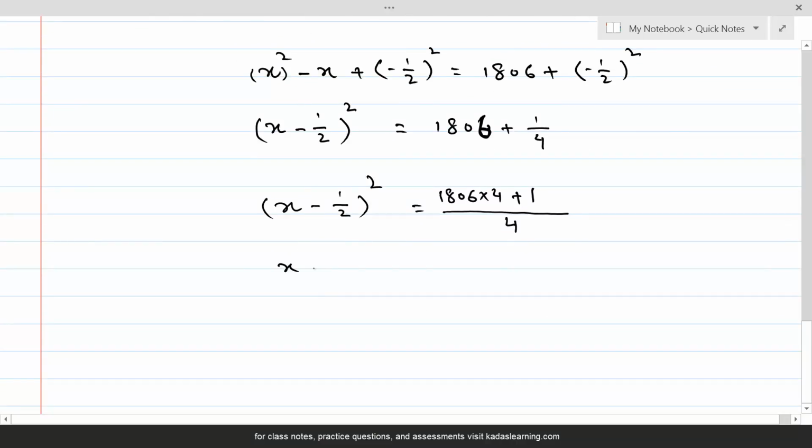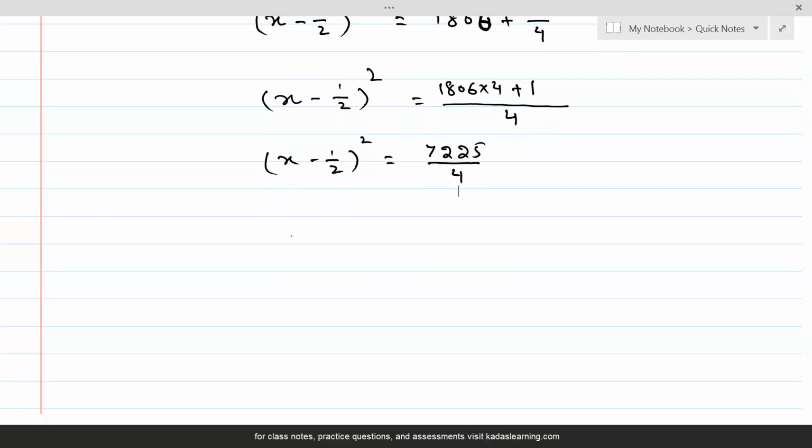So we get x minus 1 by 2 whole square equal to 1806 times 4, which will give us 7224, and plus 1, this will be 7225 divided by 4.